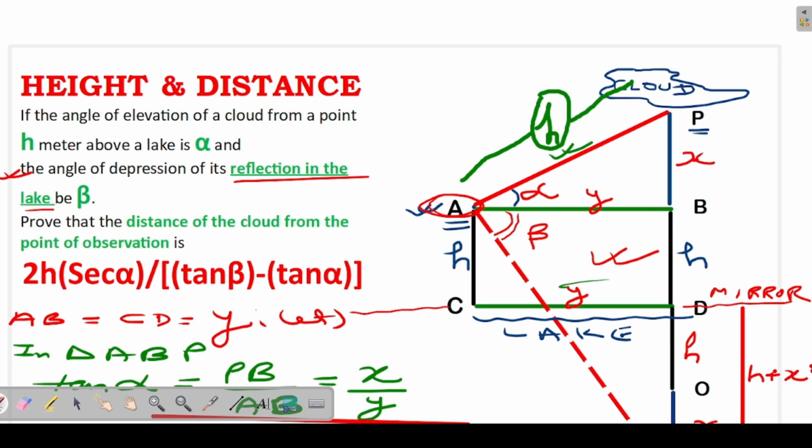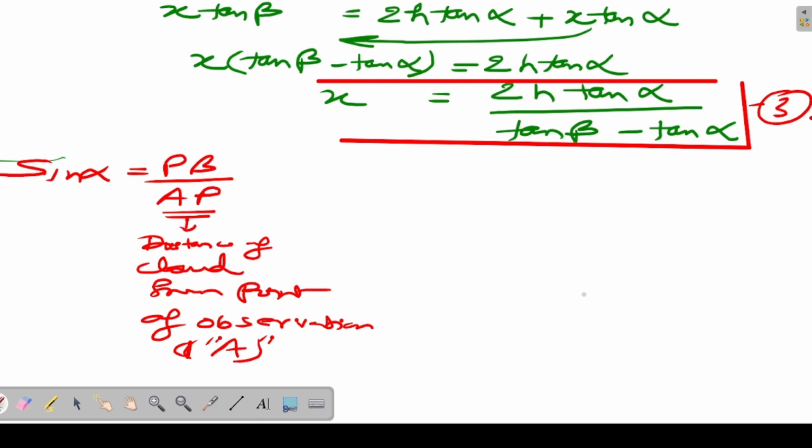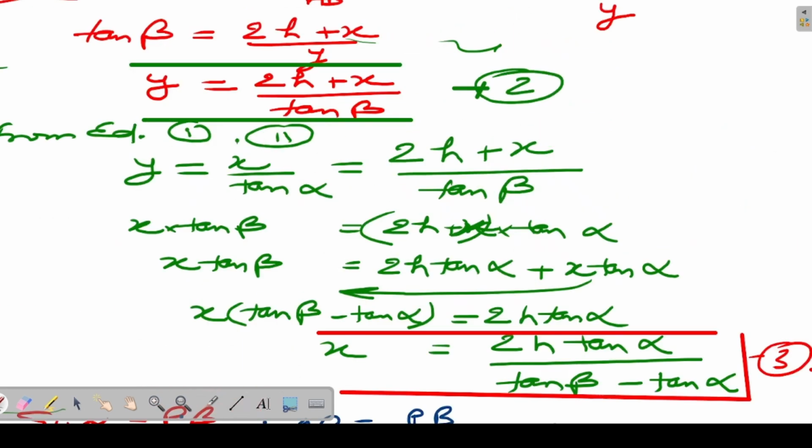A is the point of observation, this one. The point of observation, right? So AP is calculated as, from here, AP equals PB by sin alpha, and we know the length of PB.